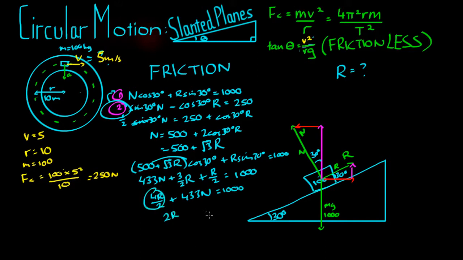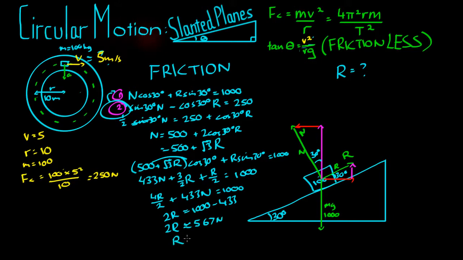2R, simplifying that, is equal to 1000 take 433. Sorry for the slant. So 2R is equal to 500, around about. Sorry, this is all approximate. 567 newtons.